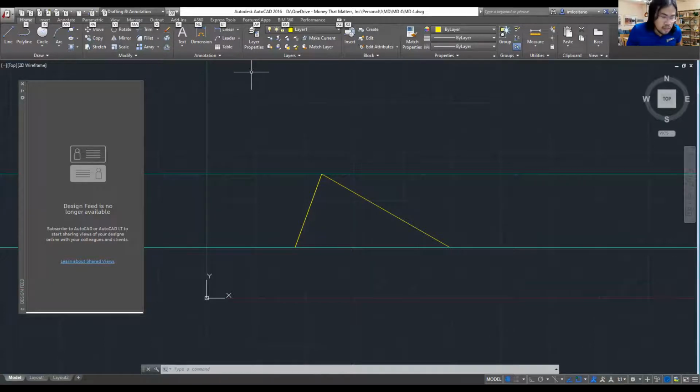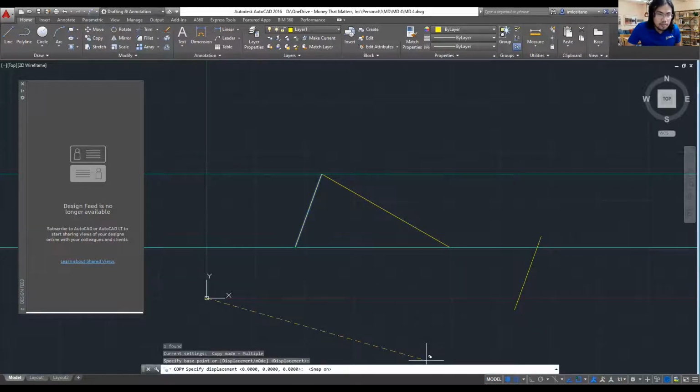So we have a 20 centimeter per second velocity going here. What we do is make a line perpendicular to that. That length represents 20 centimeters per second.